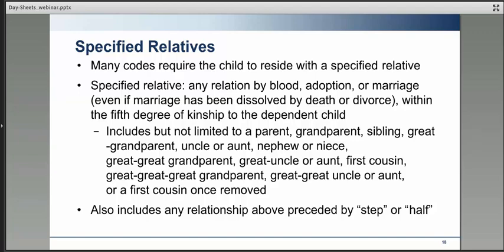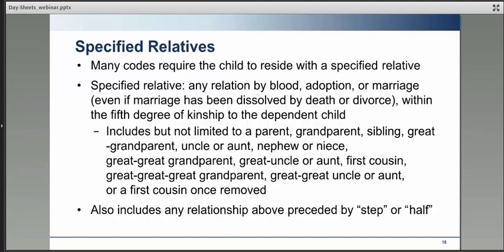What that means is if Uncle John, who is a blood relative, marries Jane, she becomes Aunt Jane. So she's now a specified relative. Now, even if John and Jane get divorced or unfortunately John dies, Jane is still going to be considered a specified relative for these purposes.